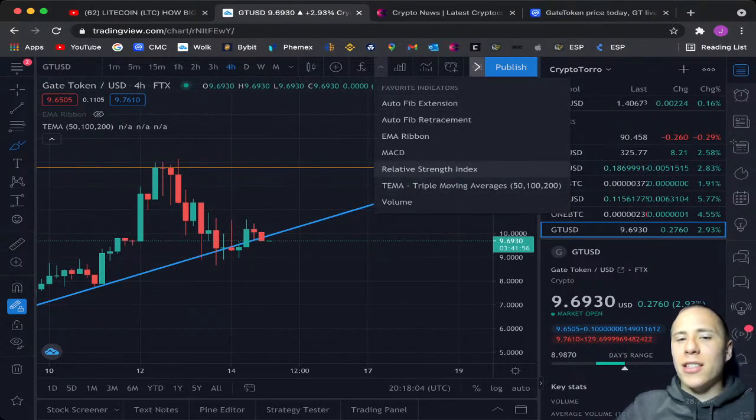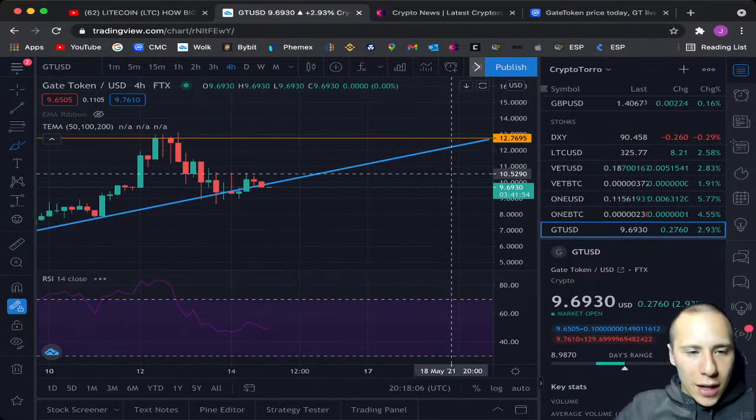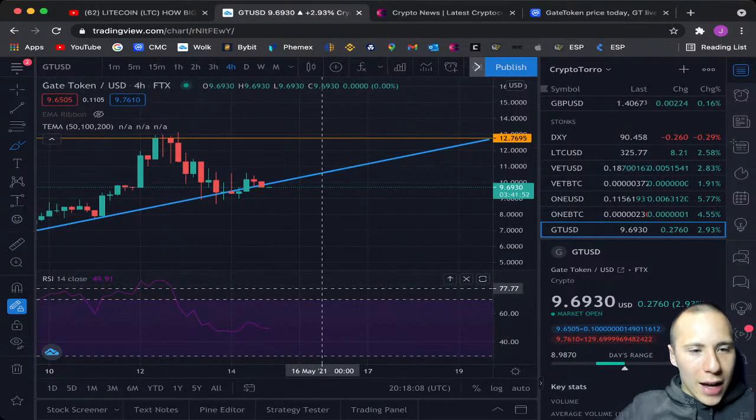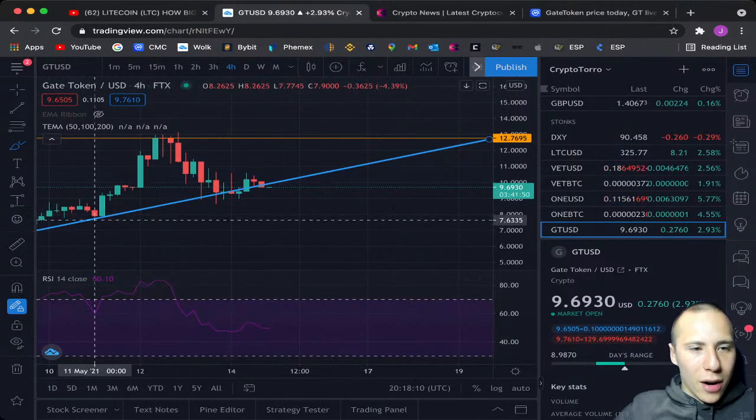But I will be looking just at the relative strength index, and right there we are not seeing that much.